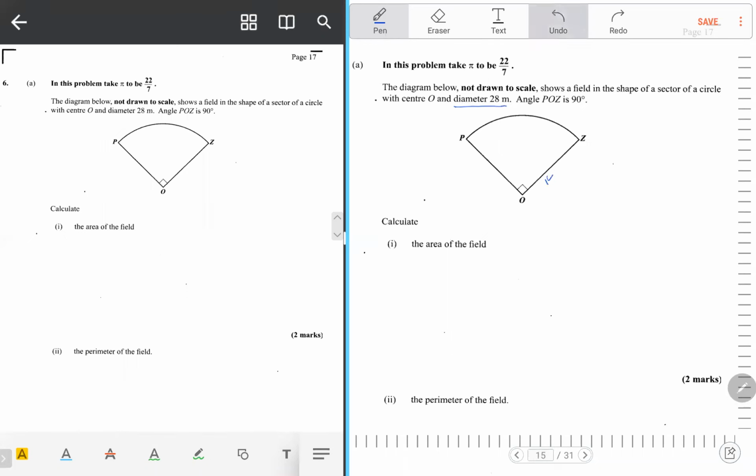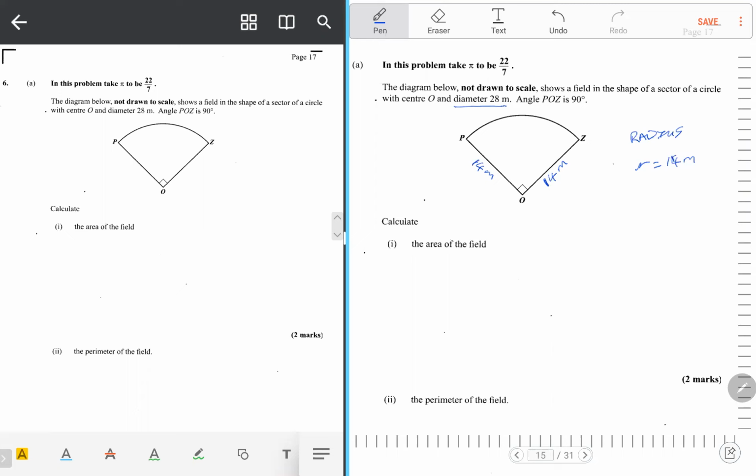So this is 14 meters, and that also is 14 meters. Now you can note the radius: R equals 14 meters. We tend to do these questions with the radius mostly.